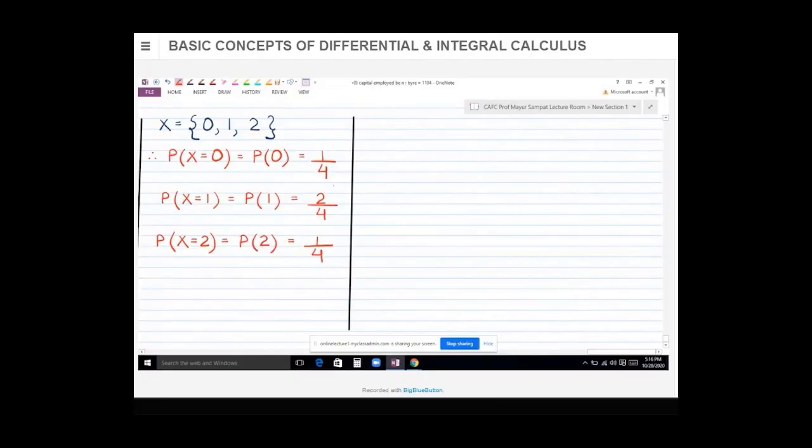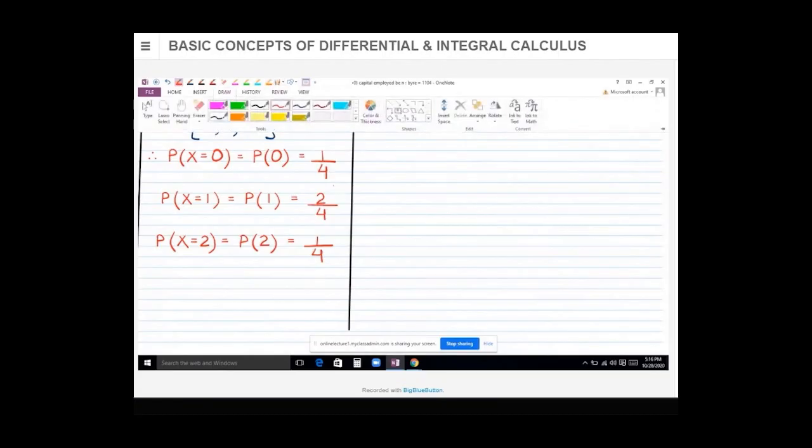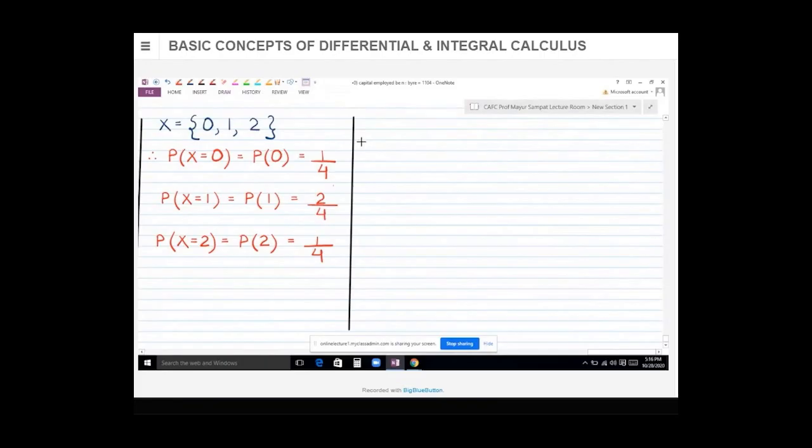यहाँ पे तुम लोग ने देखा होगा कि if x is a random variable and P is the corresponding probability. Values of x will be x1, x2, x3, dot dot dot, xn.